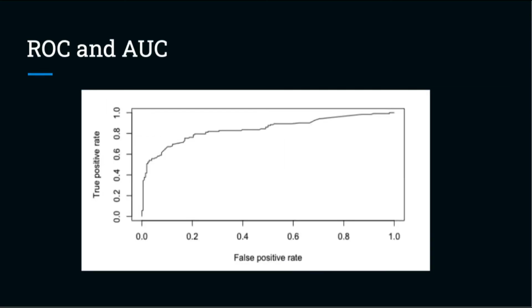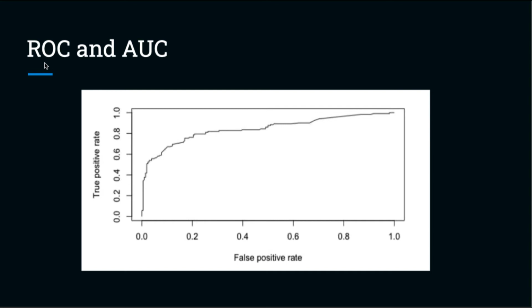Another metric is an ROC curve. It's a visualization where we have the true positive rate on the y-axis and the false positive rate on the x-axis. So the more we go up towards this upper left corner, the better our classifier is. This name ROC stands for Receiver Operating Characteristics, and that reflects its origin in communications technology back in World War II, detecting between true signals and false alarms.